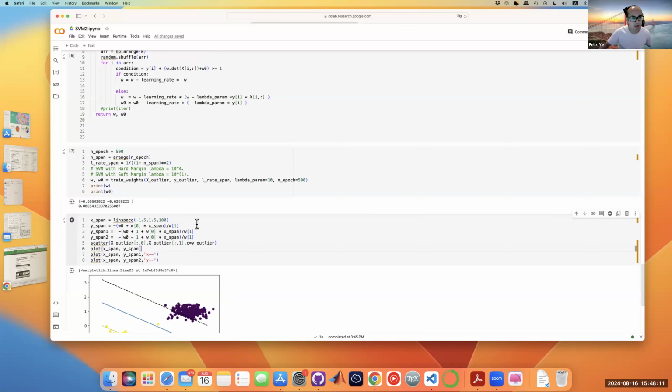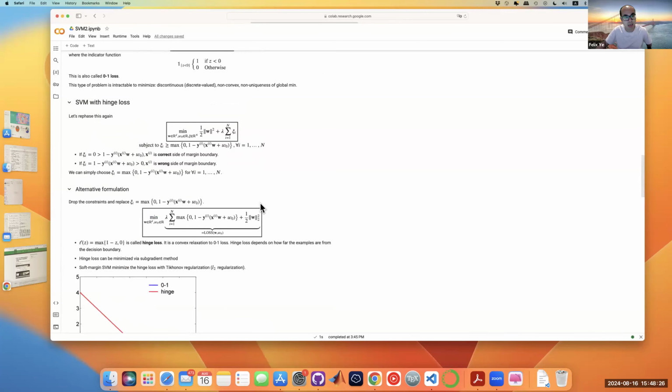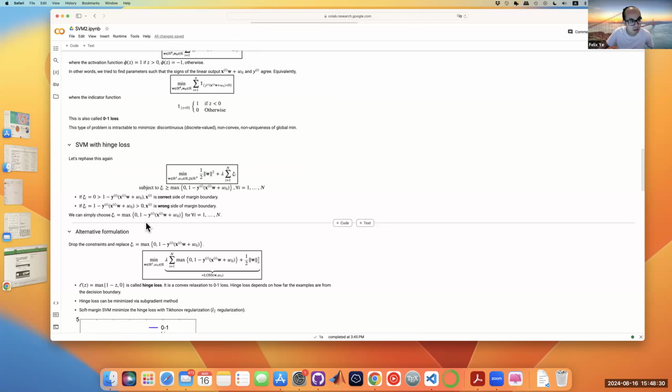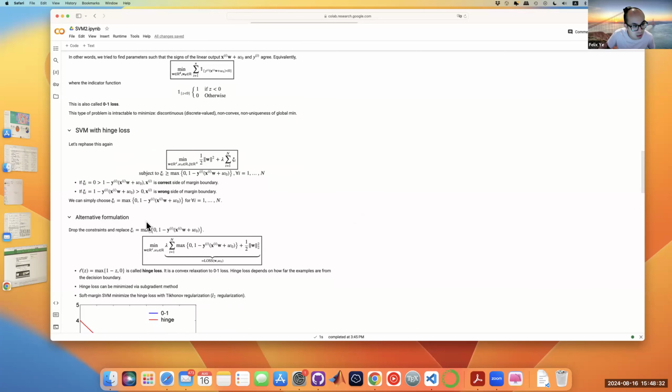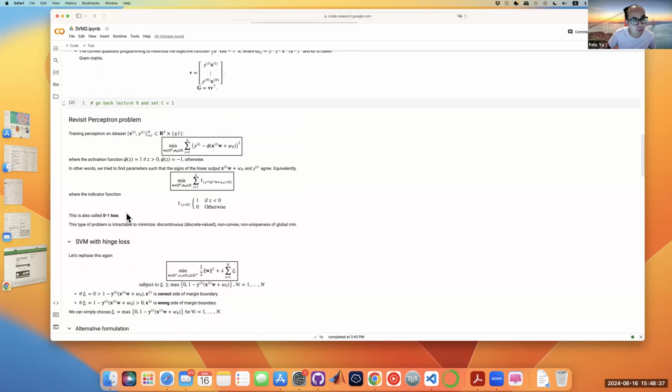I believe the lambda that I chose is 10. This is quite large. So we know if we choose lambda to be large, that means, wait.